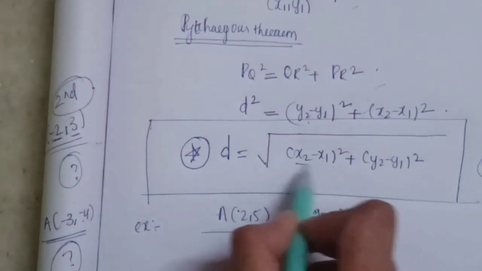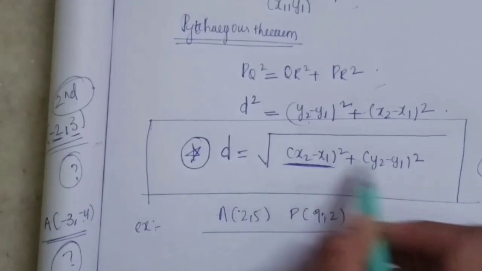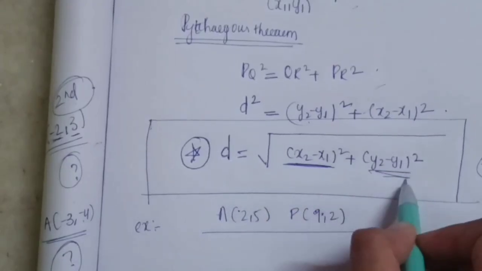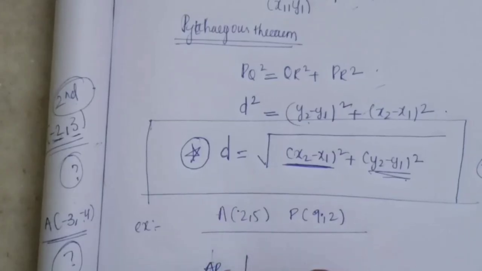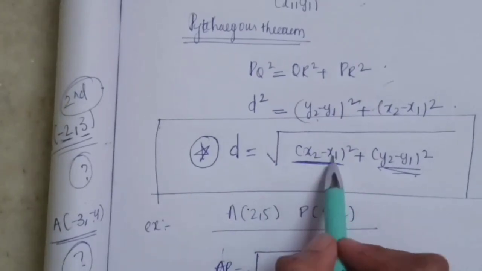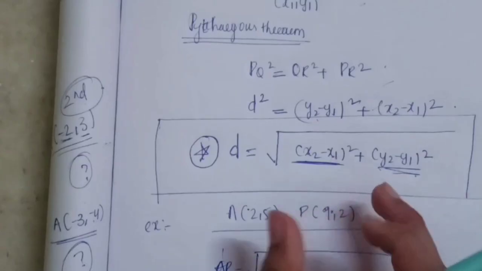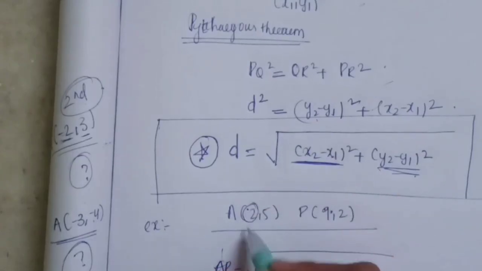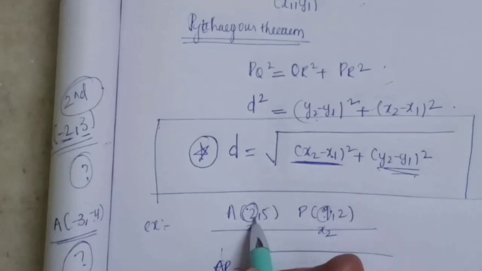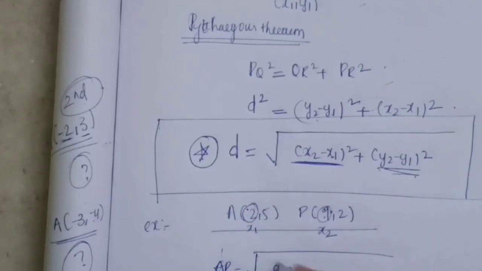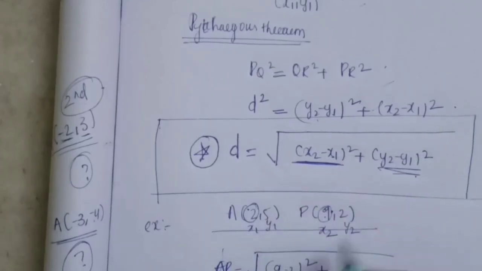So this is the difference between the x coordinates and this is the difference between the y coordinates. So the distance AP is equals to under root, difference between the x coordinates. This is x1, this is x2. What is the difference between 9 and 2? 9 minus 2 is 7 whole square plus, and this is y1, this is y2, right?